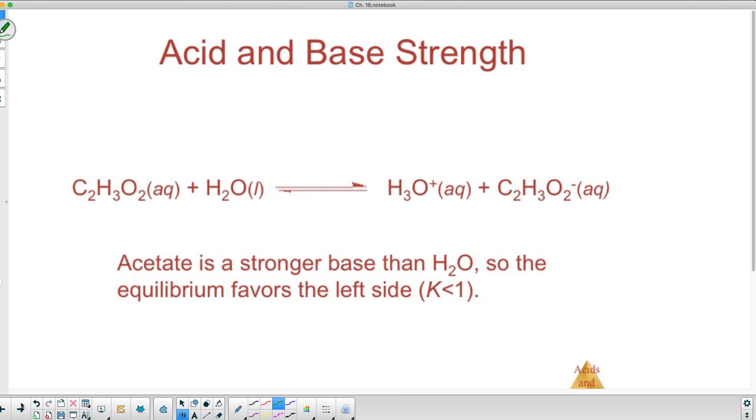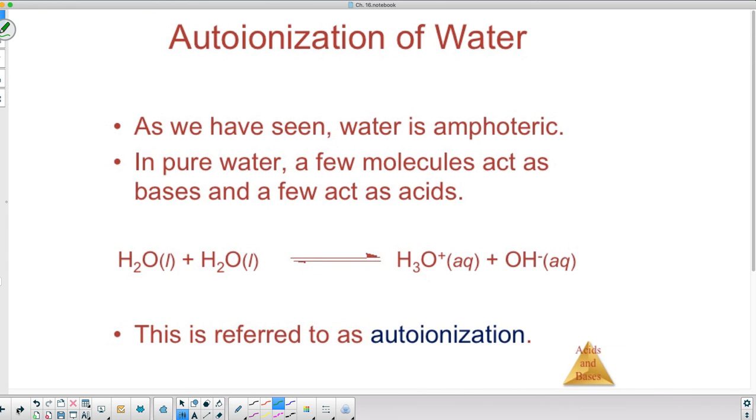That means that the acetate here does not, and I'm not sure why that is not written in there. That should be acetic acid plus H2O, and then it produces this over here on the other side. So please make that change. Okay, good. That's 16.3, and that's where I'll stop.